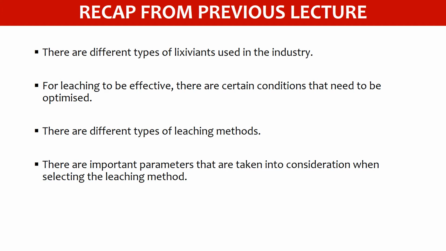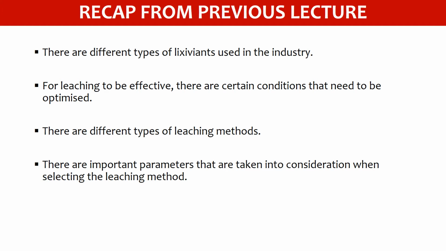Then we also discussed that there are different types of leaching methods, there are different types of classification of dissolution methods, and we gave a few examples that they can be termed reactor based, that they can be termed type of solid based, and so on.